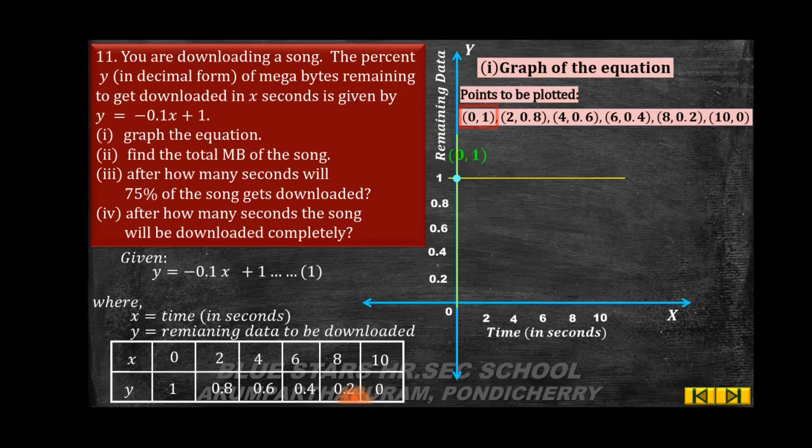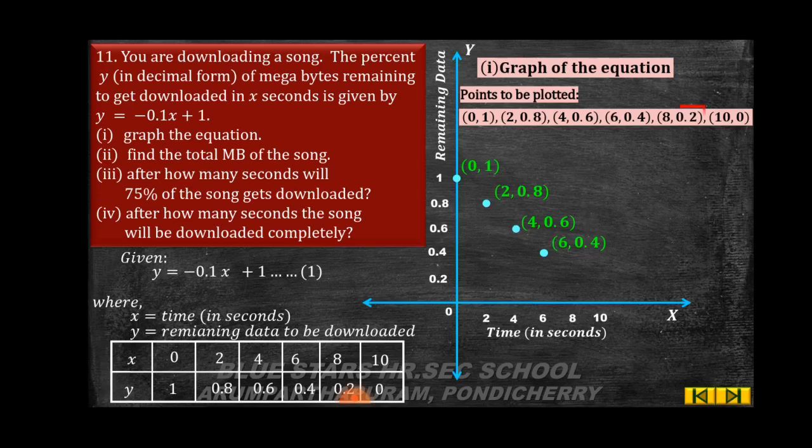So on the x-axis you mark the point as 0 and on the y-axis it is 1. Then next you just mark the coordinates. Next we are going to plot the point (2, 0.8): 2 on the x-axis, 0.8 on the y-axis. So you mark the point and mark the coordinates. Then the next point is (4, 0.6). So 4 is on the x-axis and 0.6 is on the y-axis. Next (6, 0.4). 6 is on the x-axis, 0.4 is on the y-axis.